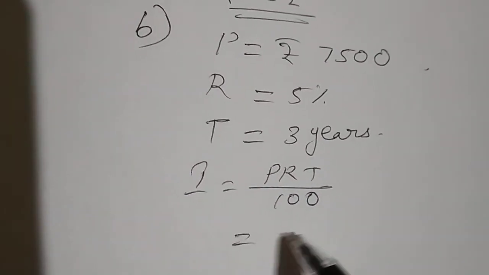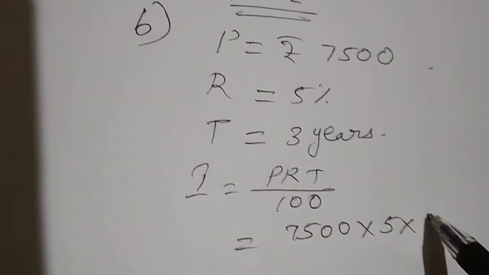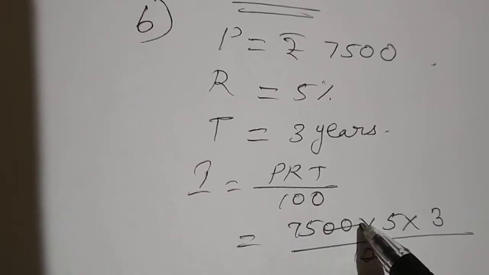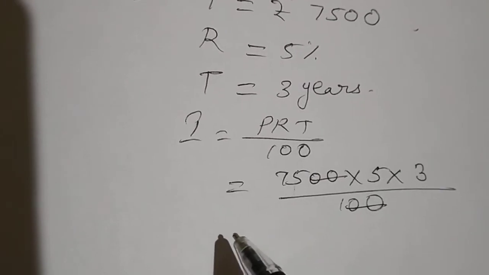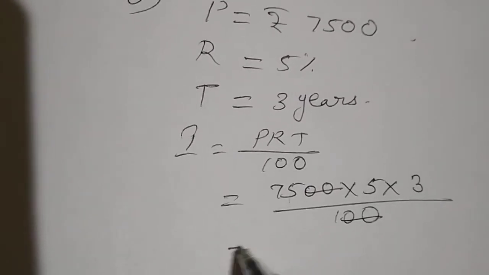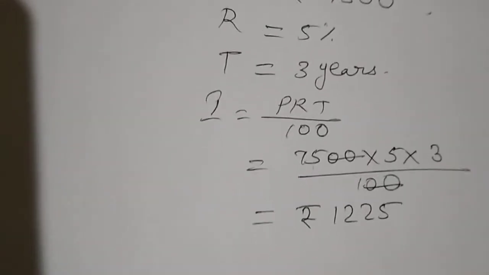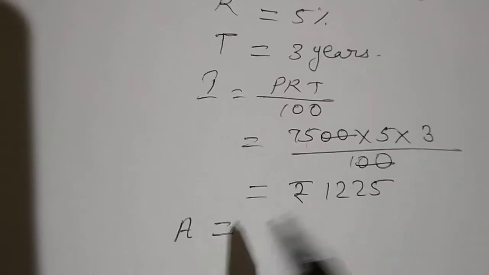I is equal to 7500 times 5 and 3 on 100. We can cut these two zeros, these two zeros. Then the interest is equal to rupees 1125.